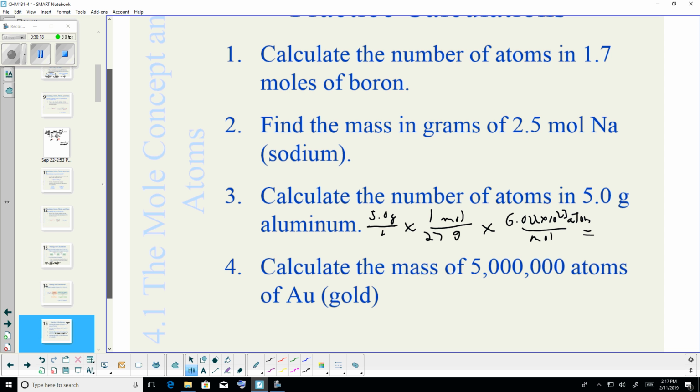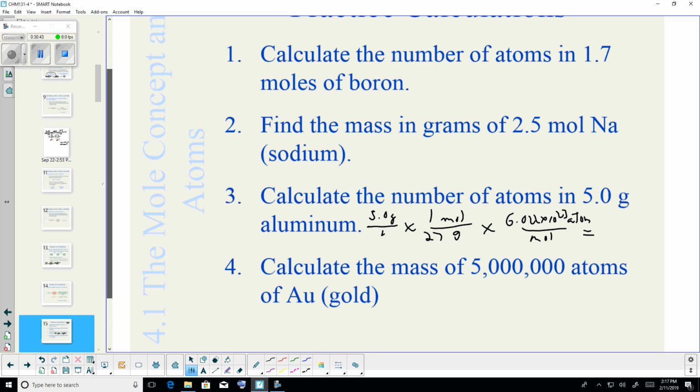Number 4, calculate the mass of 5 million atoms of gold. So there we're starting at particles of A, and we're ending at grams of A. A is whatever the first element or compound we're choosing. So A is a variable.